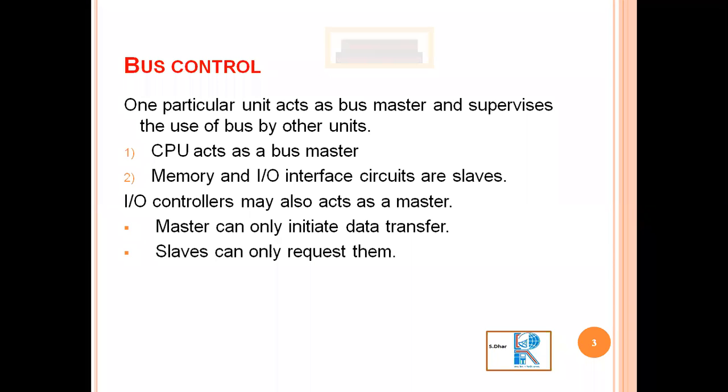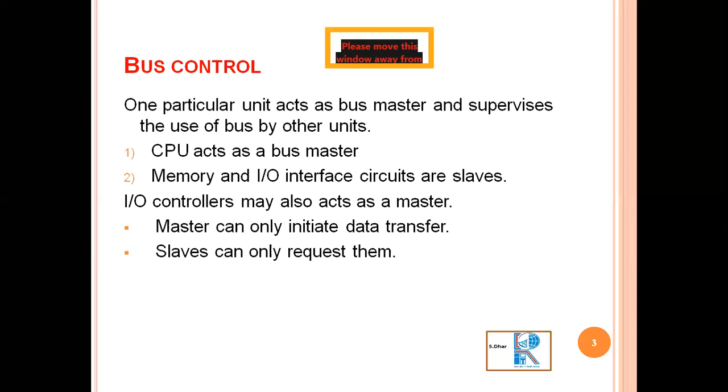Suppose in DMA, a particular I/O device or DMA controller requests the CPU, which is the bus master, to please leave the bus for it. When the CPU leaves the bus, then DMA acts as the bus master, and according to the requirement of the I/O device, DMA gives access to the bus to a particular I/O device.